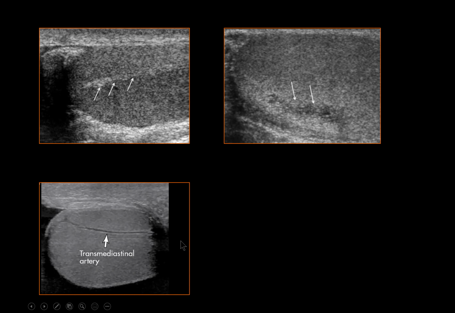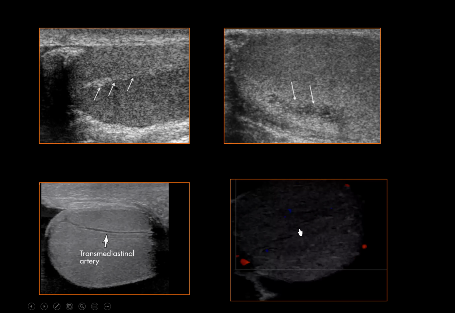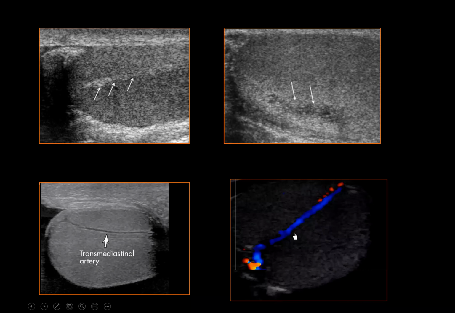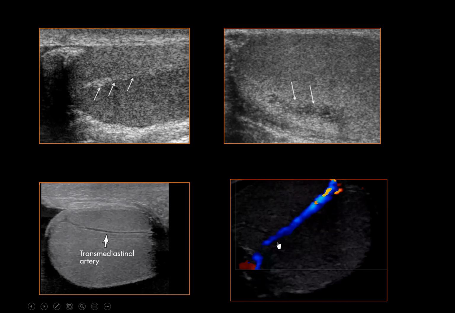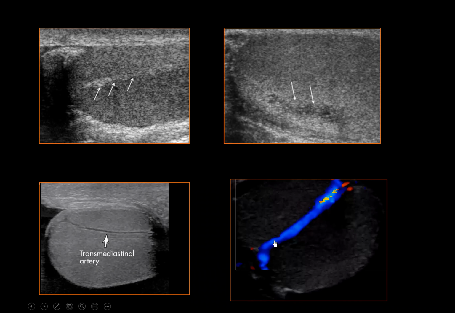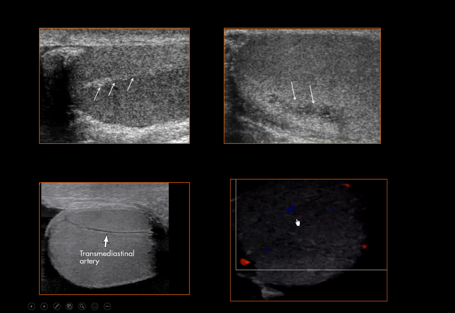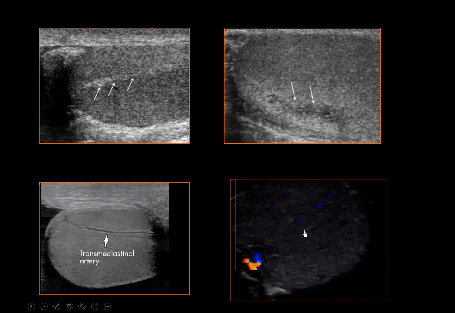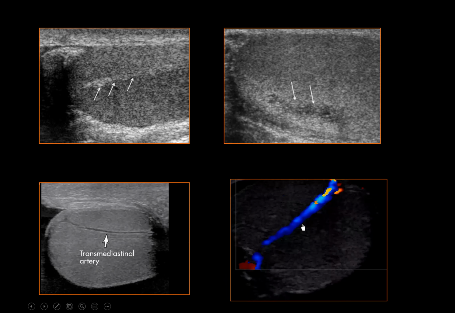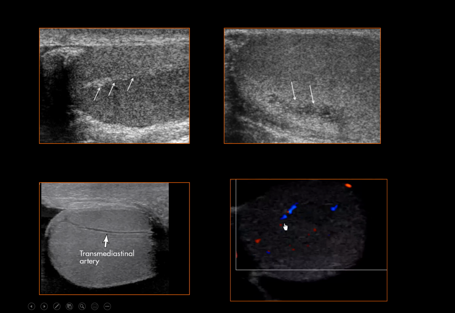The band is caused by a prominent artery. This is the prominent artery and vein called mediastinal vessels. This vein and artery that are adjacent to each other are called transmediastinal vessels. They can be easily seen with color Doppler.